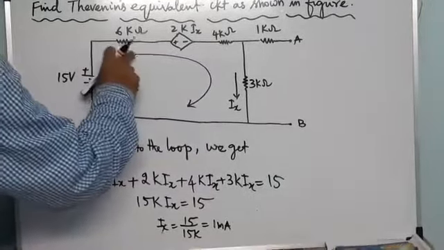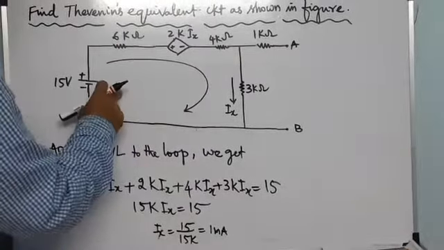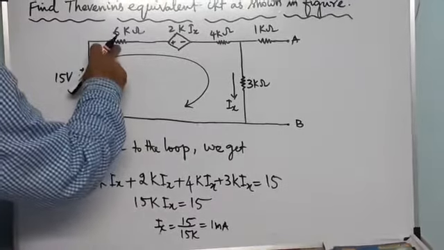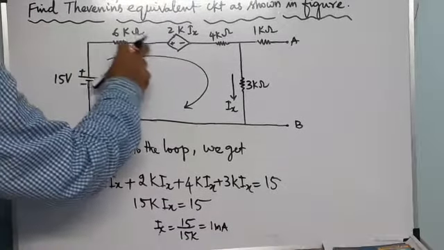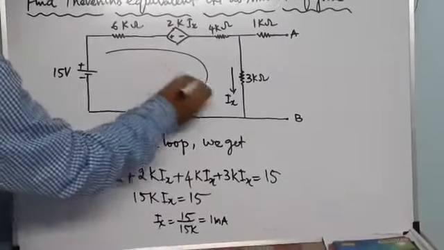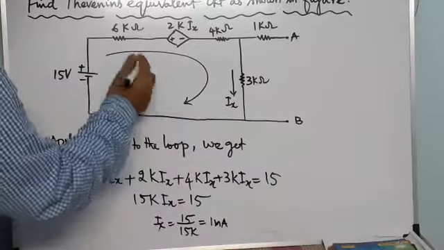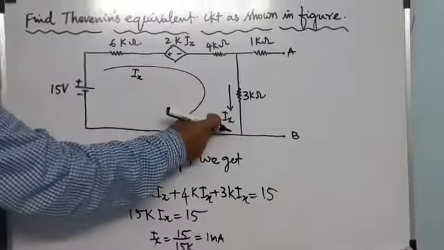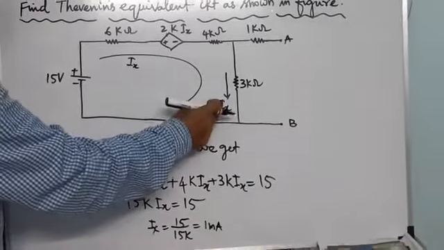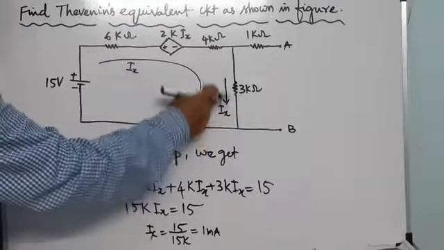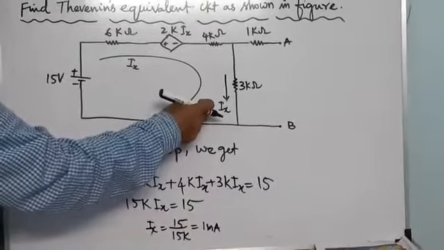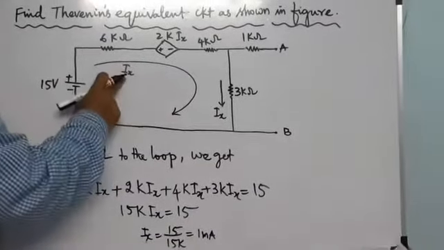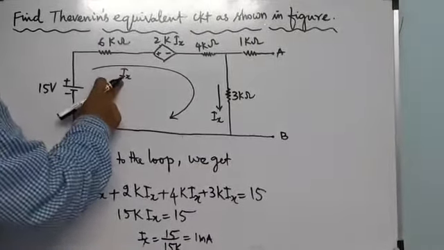The loop also goes in this clockwise direction. There are no other loops, only one loop. The direction of Ix is given in the problem like this only, so you have to take the same current.